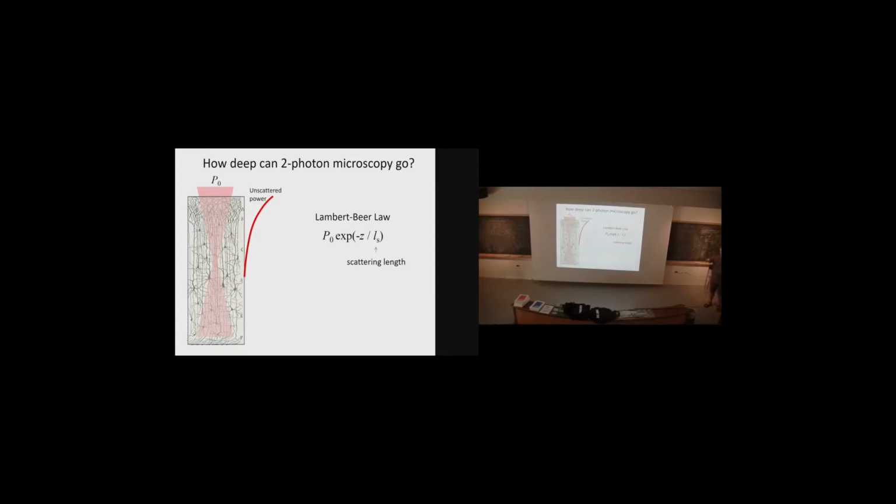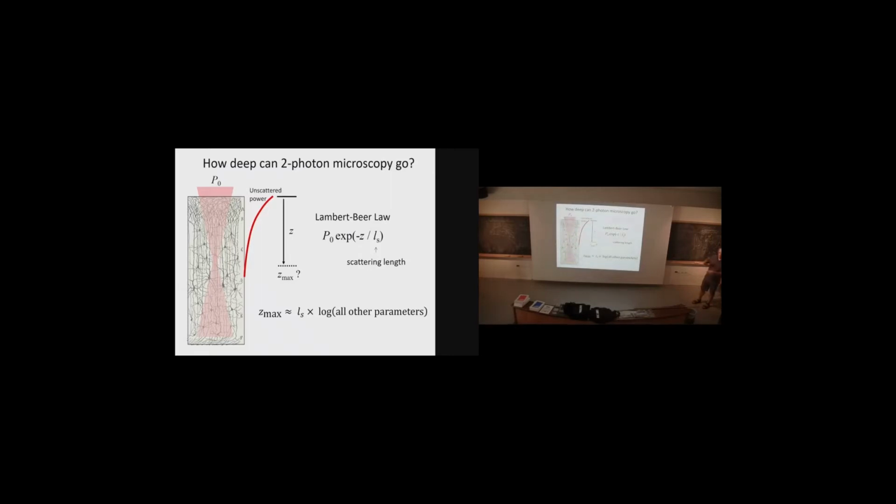Scattering length is how far light goes before it scatters. This very simple law tells you a lot. Just looking at this law, you can figure out that the maximum depth must scale as LS times the log of everything else. So just this one law tells you this.